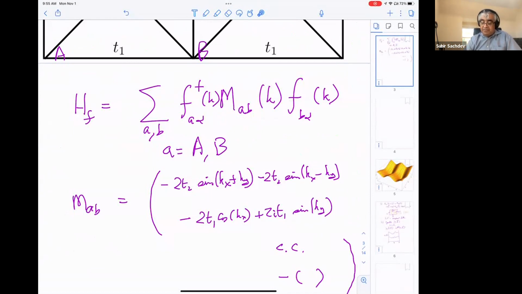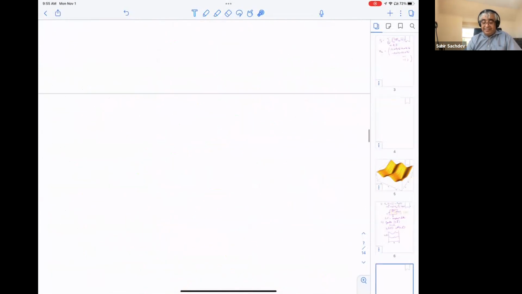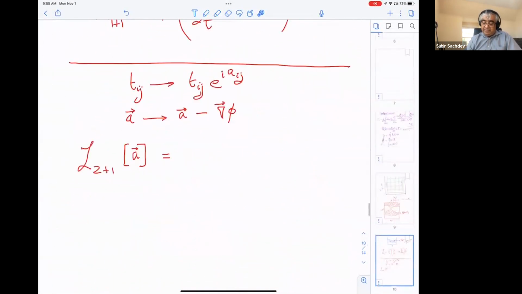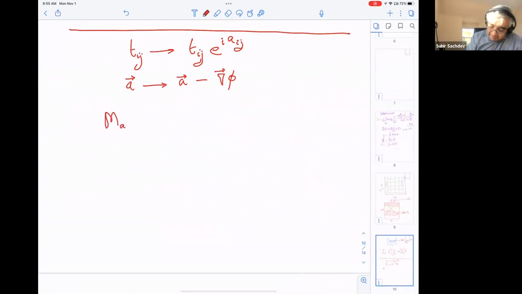And so in this Hamiltonian, what's going to happen is that M_AB is going to change, and it changes in a very interesting way. So what happens when I make this change is that the matrix M_AB of k goes to M_AB of k plus A.